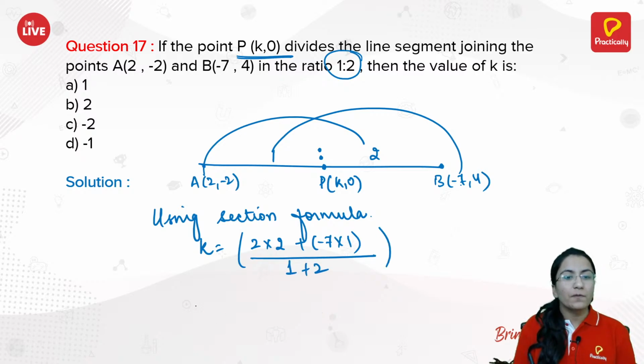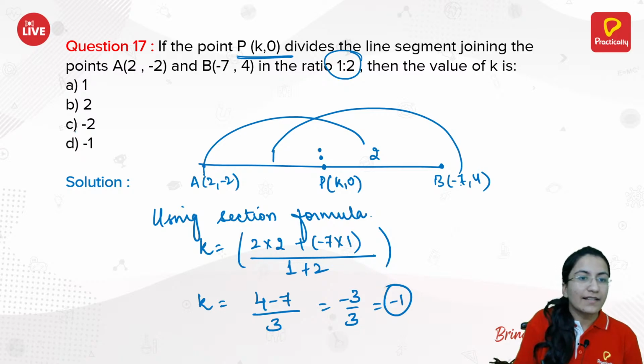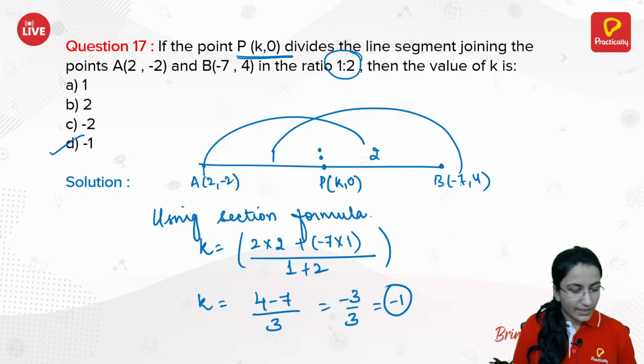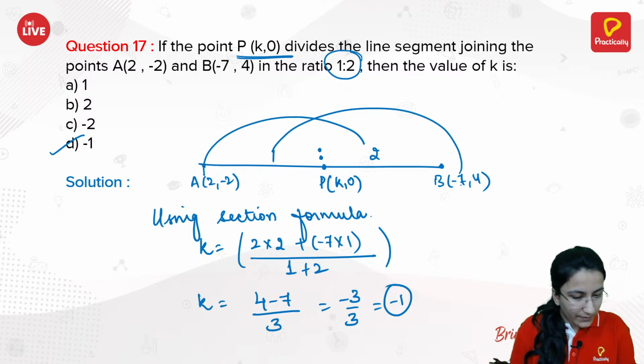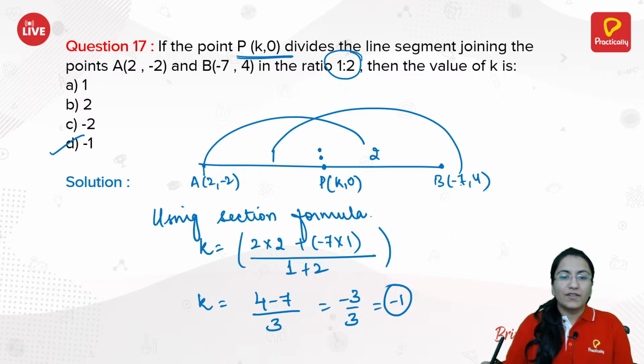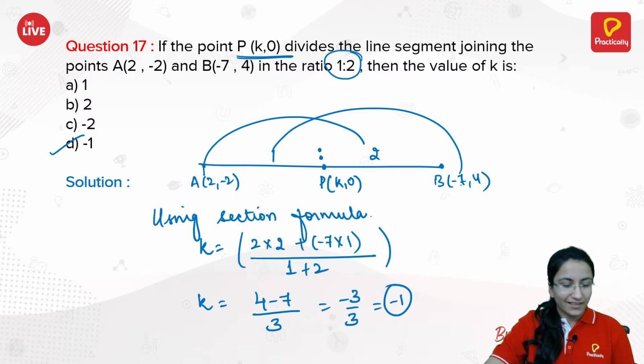This is the value of k. So k is equal to 4 minus 7 by 3, that is minus 3 by 3. So you have minus 1 as the correct option, that is D. So you have D option as the correct one. So k is equal to minus 1. It's great. Most of you have solved this question.